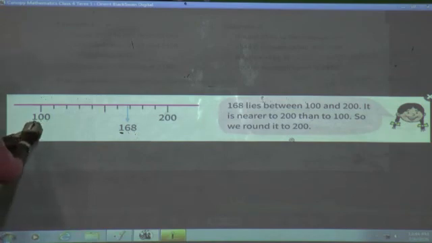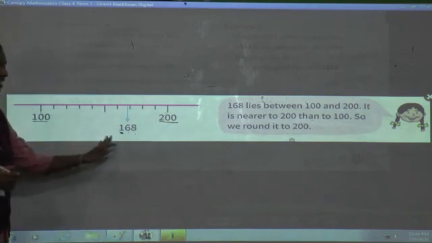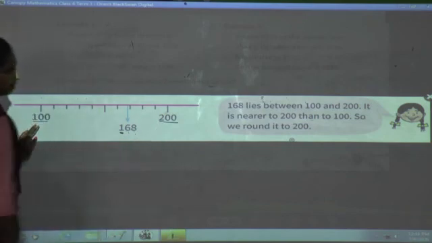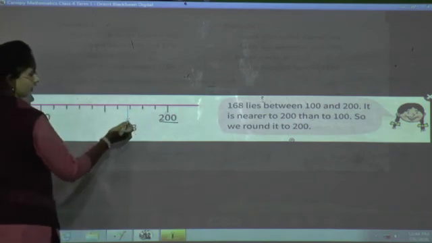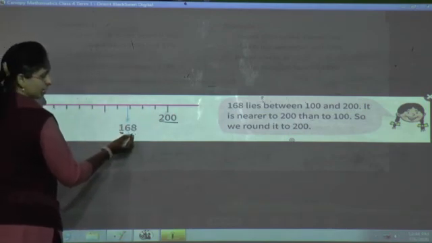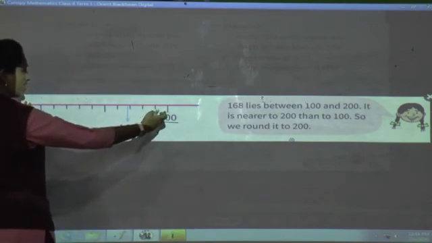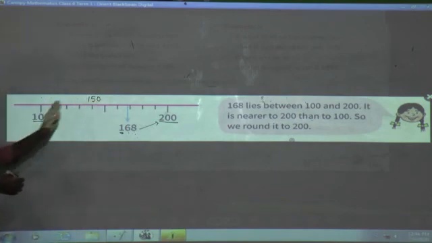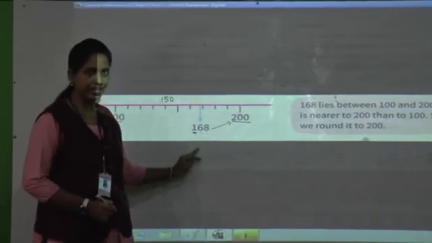So after 100, next is 200. So 168 lies between 100 and 200. Now can you tell me which this number is nearest to? As you can see on the number line, this number is nearest to 200. Now see, between 100 and 200, 150 will come. 168 is after 150.